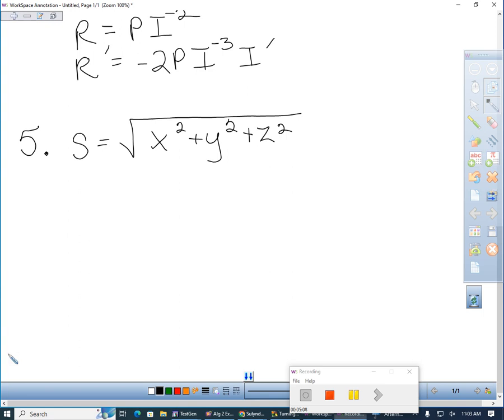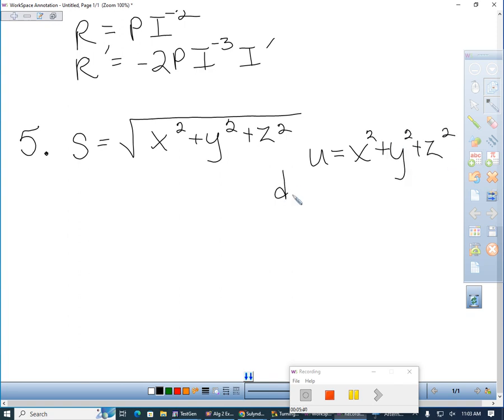So we're going to find the derivative. We can do it a couple different ways. First of all, we can do a u substitution as an option. I think that's the best option. So we're going to say that u equals x squared plus y squared plus z squared.